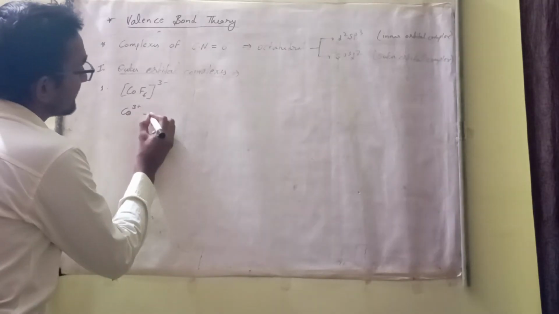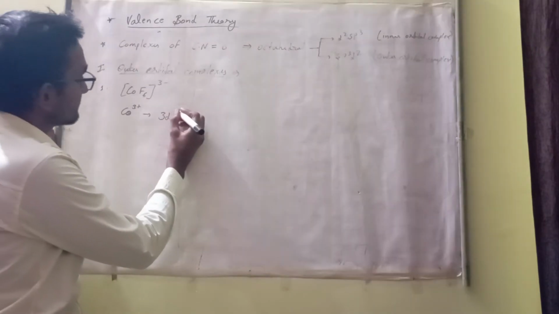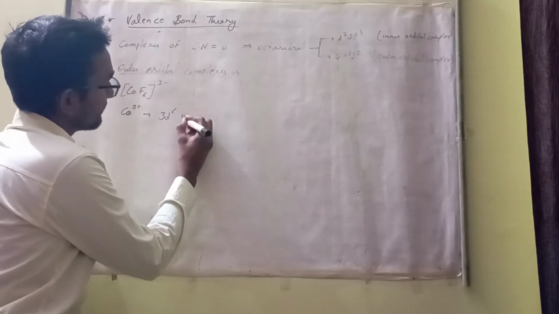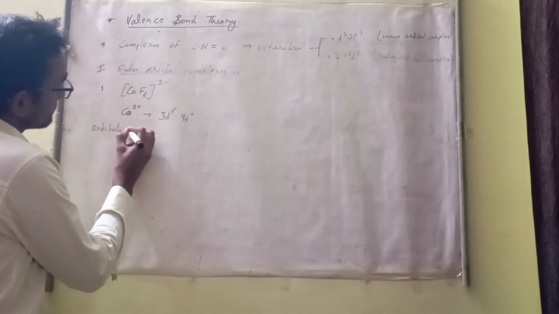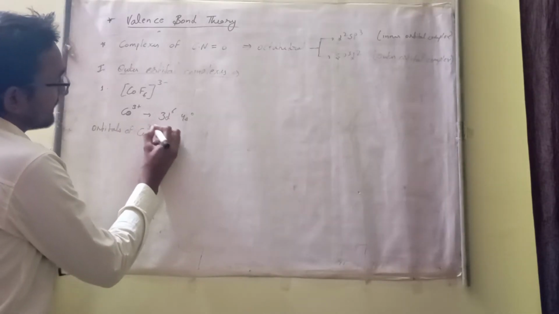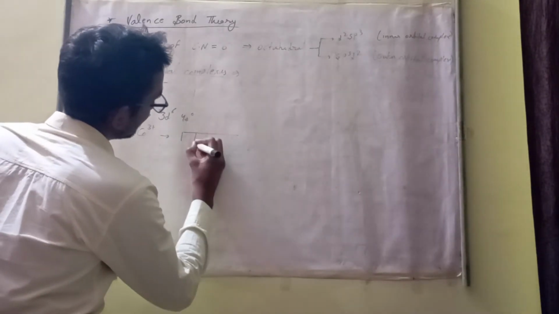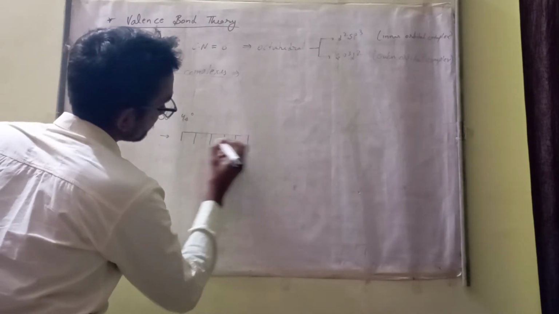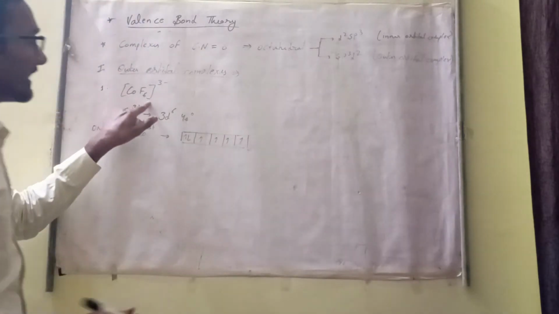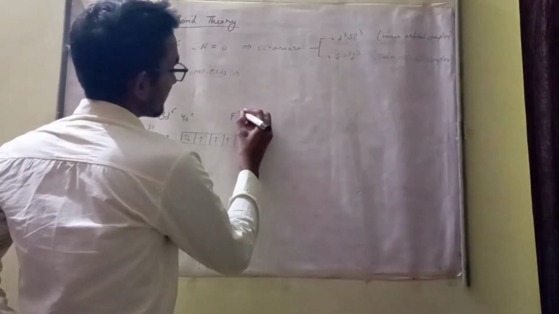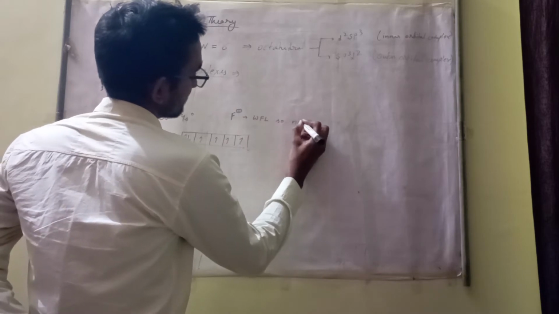So the electronic configuration is 3d6 4s0. Orbitals of Co3 plus are d orbitals, which is 3d, 1 2 3 4 5 6. F minus is a weak field ligand, so no pairing.